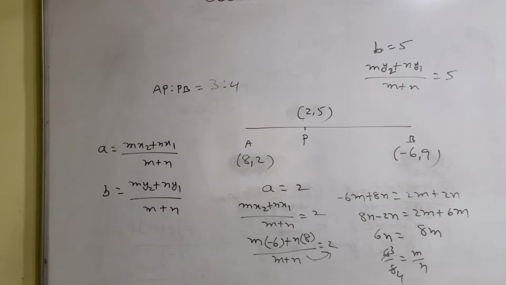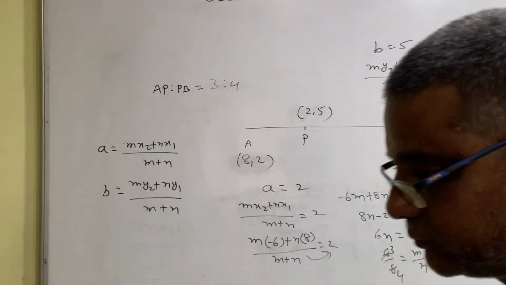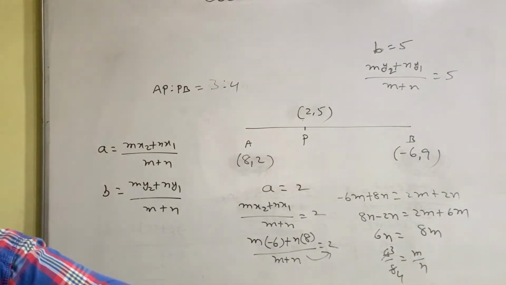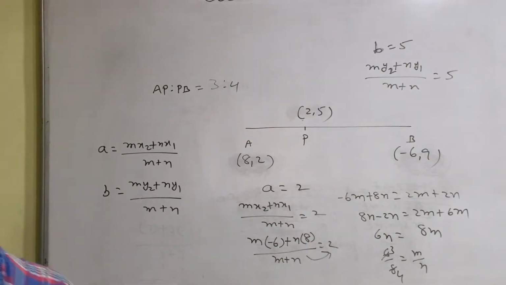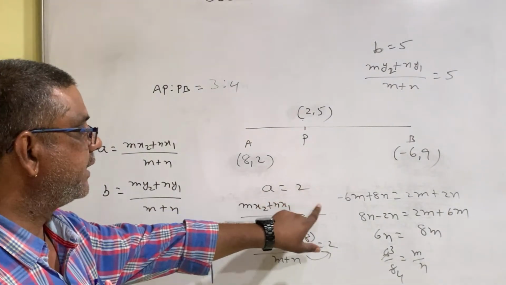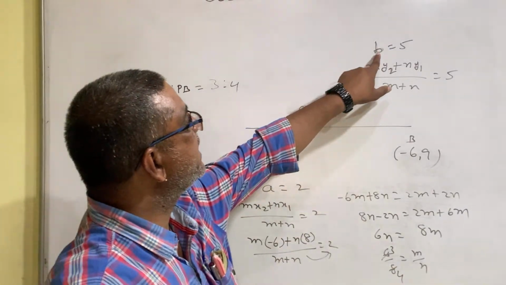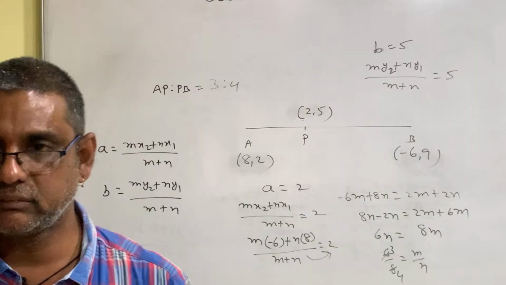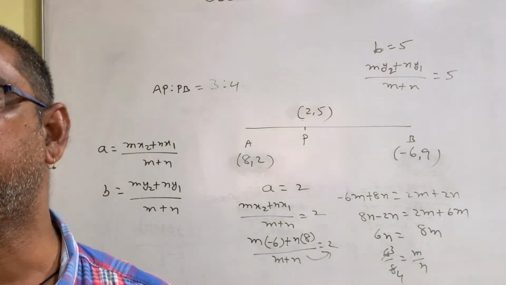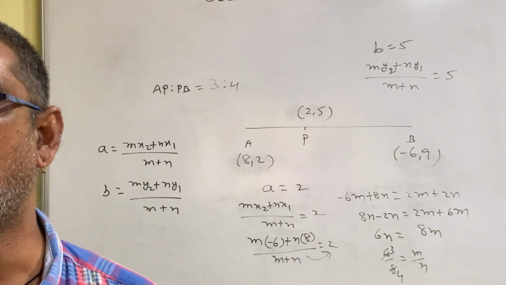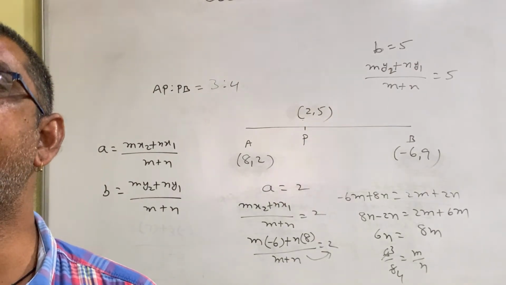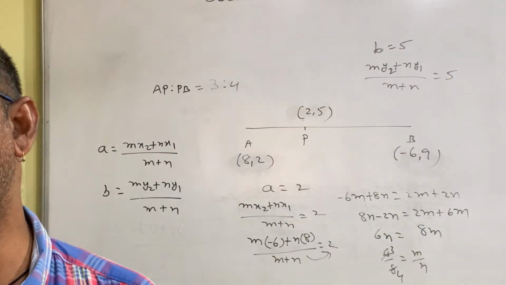Now is it necessary to do both or is one enough? Using A equal to 2, we got ratio 3 by 4. Using B equal to 5, we got the same ratio.